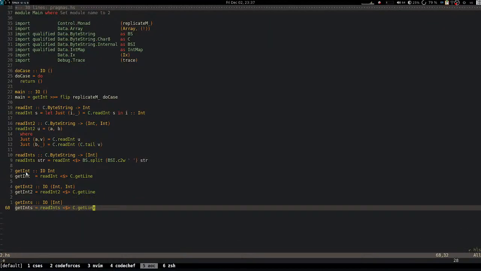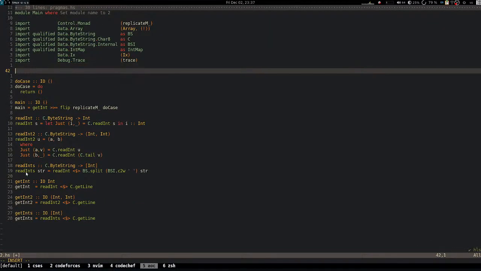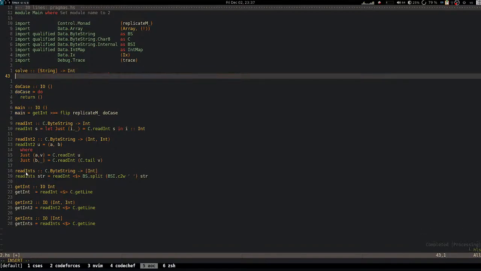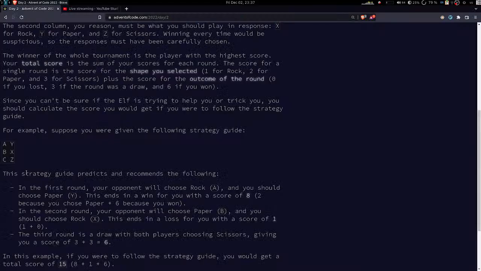Okay, let's see. First of all, solve is something where we get a list of strings and return an int. Now I need to actually convert.